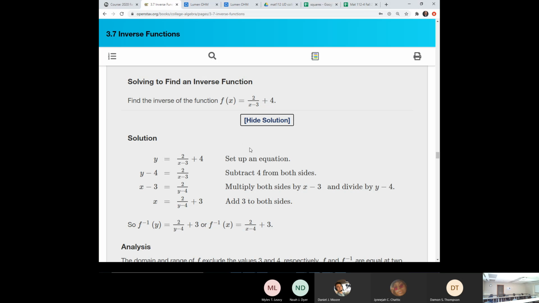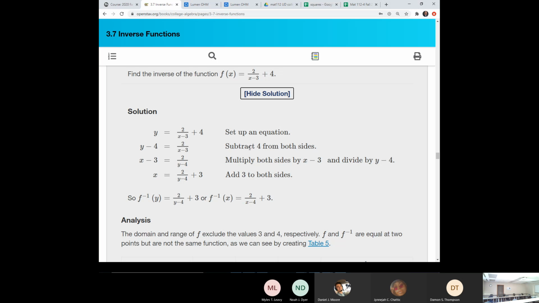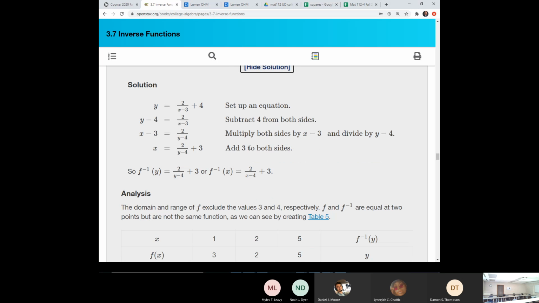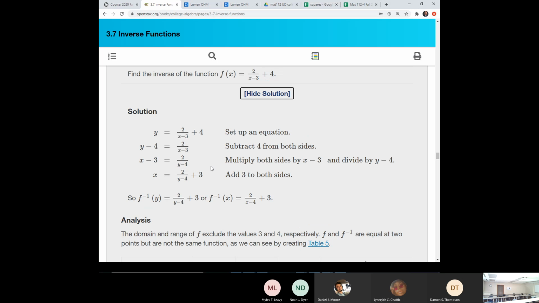Now, one thing that they introduce here in this inverse idea is domain and range of these two functions. Let's think about this. Remember, if I'm thinking about inverses, I'm taking this function and feeding it to the other function. I know that this function has an illegal value when I have a 3 here, because I'm dividing by 0. So this function is one-to-one, I'm pretty sure, but it has an invalid input at x equals 3.